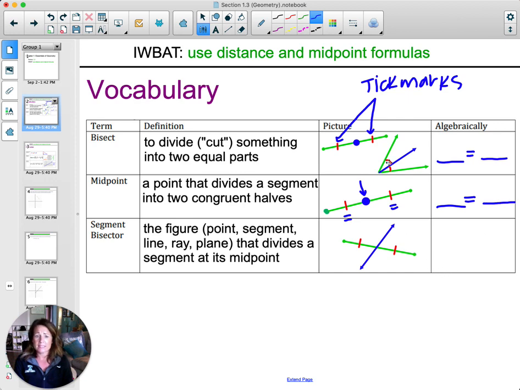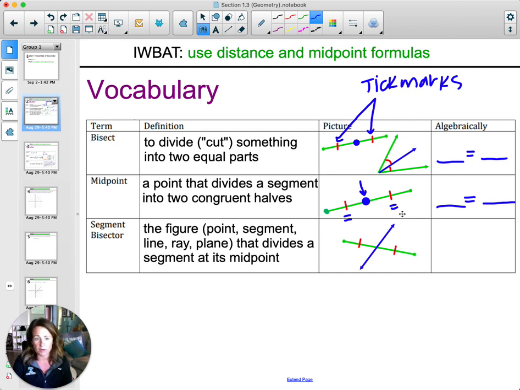Except a bisector could be a ray or a point or other things. A segment bisector is just the thing that is bisecting the segment, so whatever is doing the act of splitting it into two equal pieces. So if you see in a sentence that the segment is being bisected by a line, by a plane, by a point, it's still bisecting or splitting up the segment.